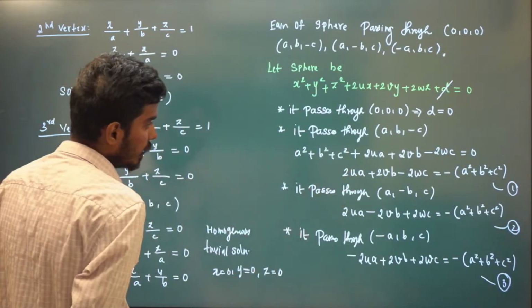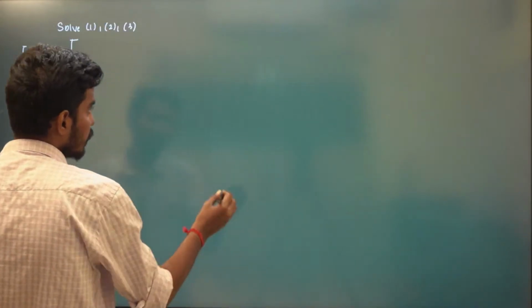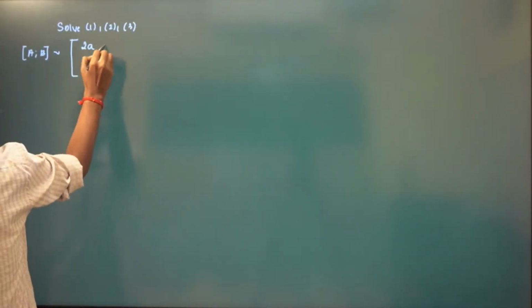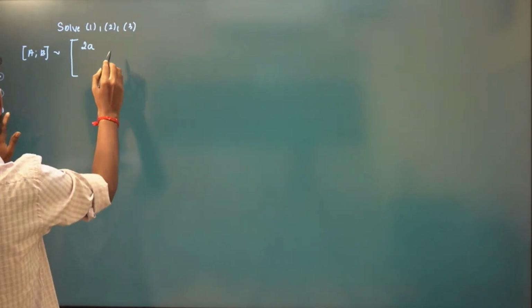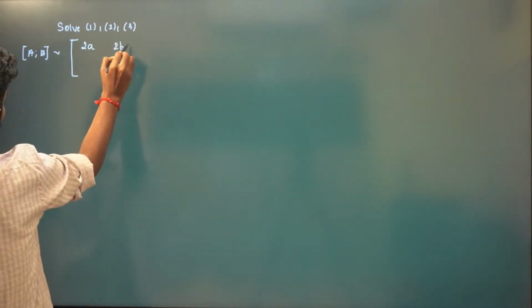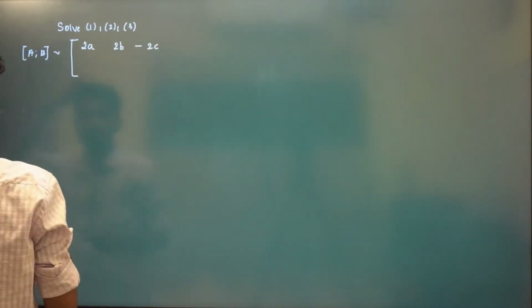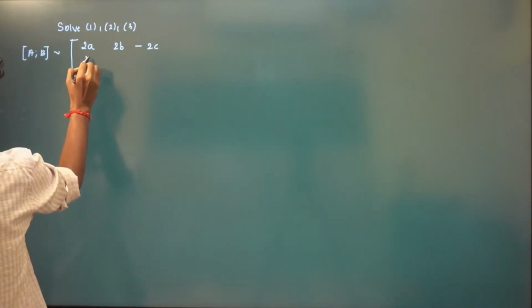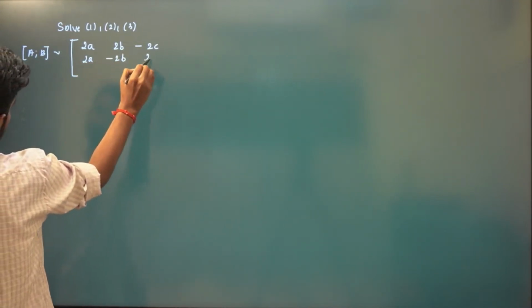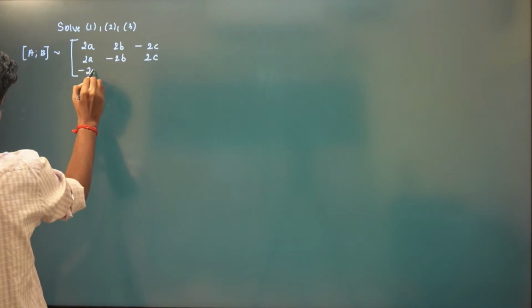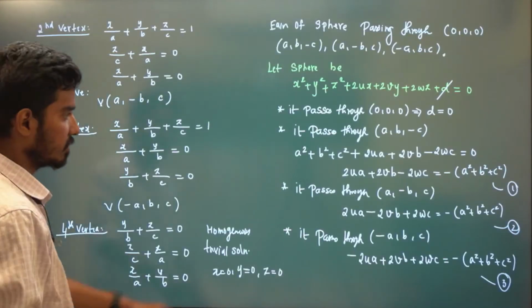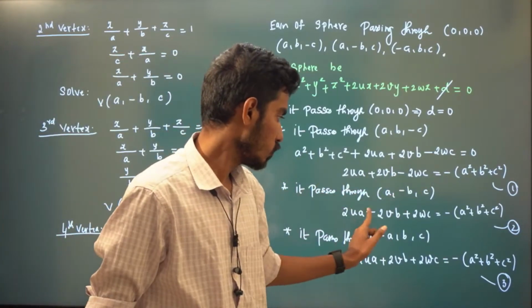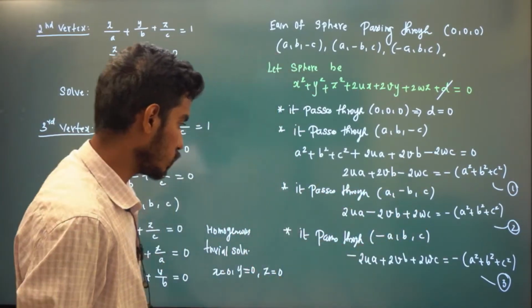So 2a, 2b, minus 2c; 2a, minus 2b, 2c; minus 2a, 2b, 2c. This is what we have as the coefficient matrix, right?